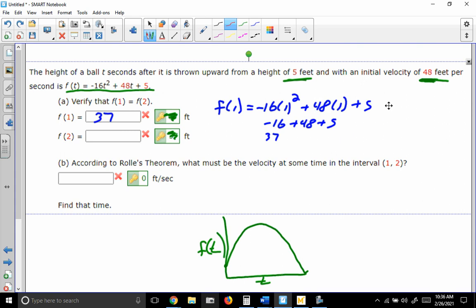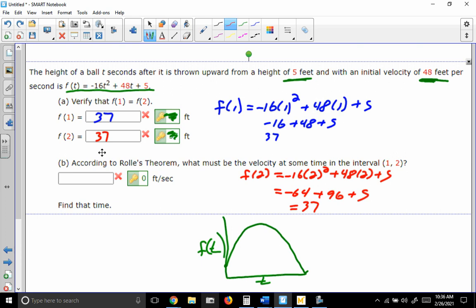Now if we plug in a 2, we get negative 16 times 2 squared plus 48 times 2 plus 5. So 2 squared is 4 times negative 16, that's negative 64, plus 96 plus 5. Well, 96 minus 64 is 32, plus 5 is 37.